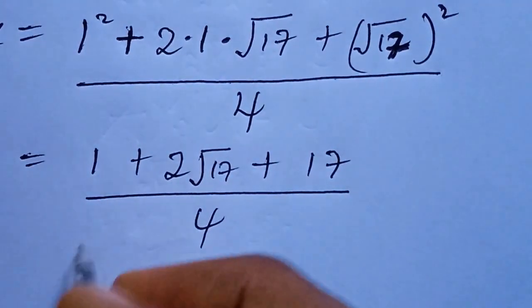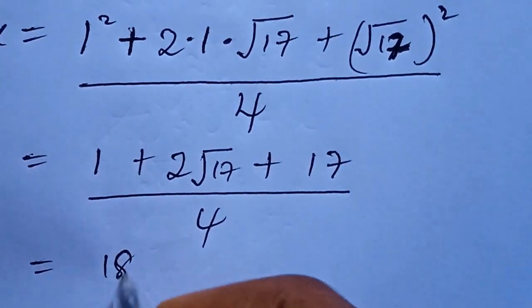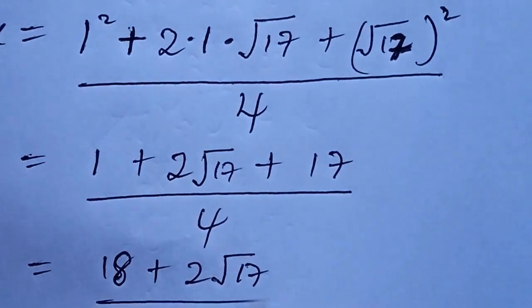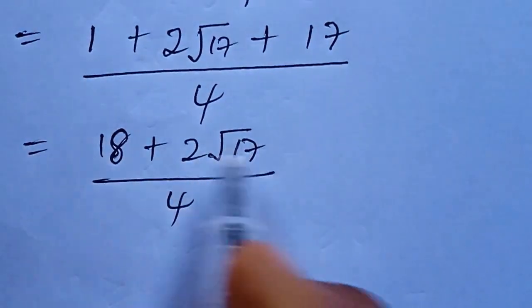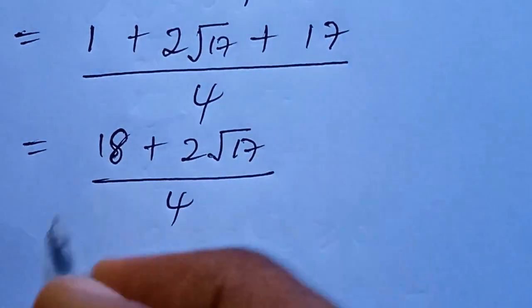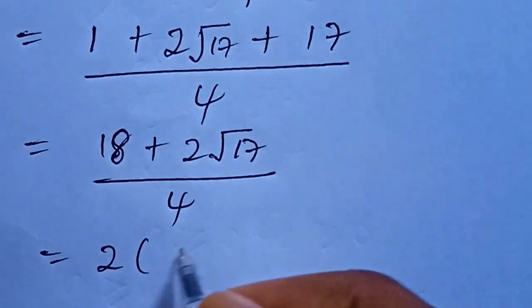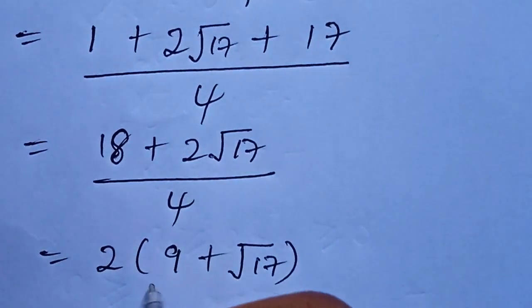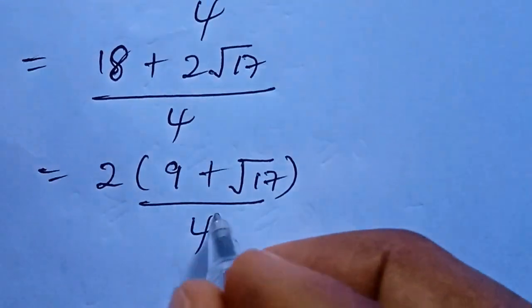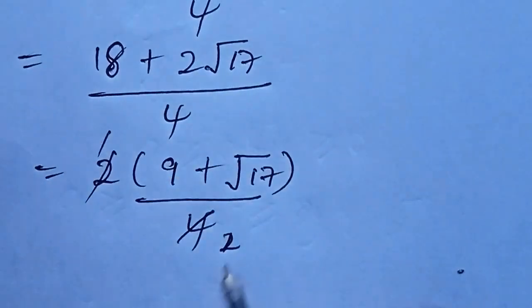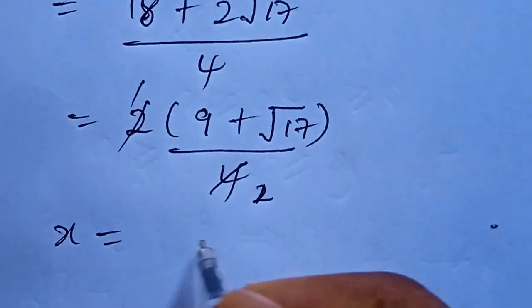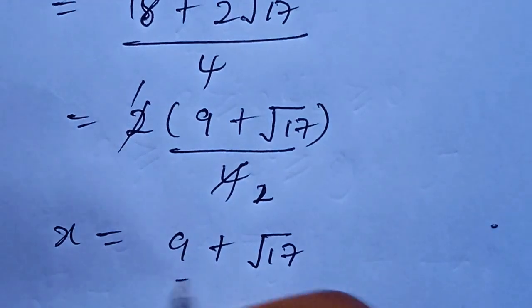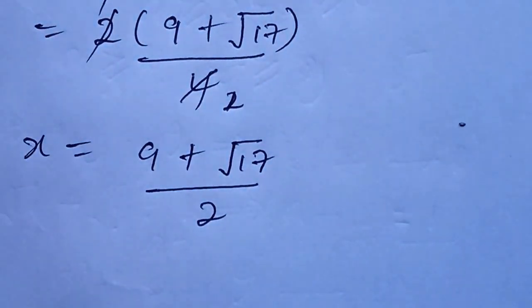So this plus this will give us 18. We have 18 plus 2 square root of 17 over 4. We can factor out 2. At the numerator, we have 2 into bracket 9 plus square root of 17 over 4. So 2 here, 2 here 1. Then we have x equal to 9 plus square root of 17 over 2 for the value of x.